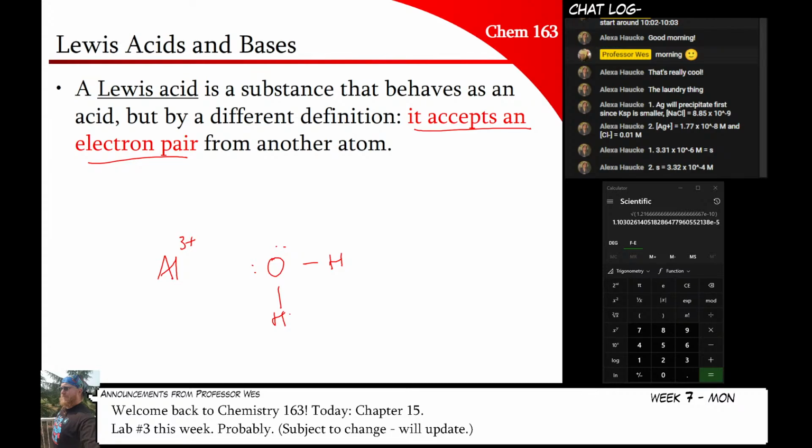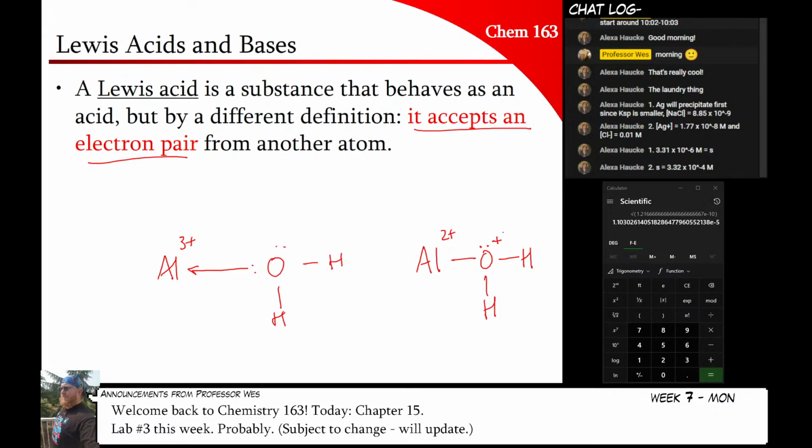What's going to happen here is that I'm going to form a covalent bond by doing this. And the result that we get is something that looks like this. Then water is going to go, oh, wait a second, I don't want to be positively charged.